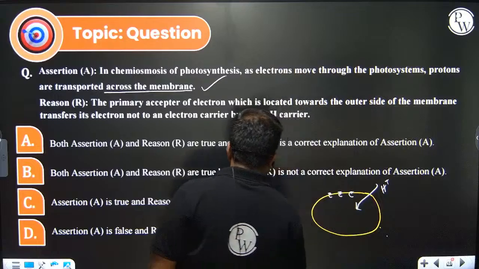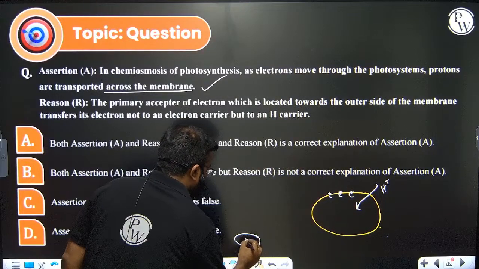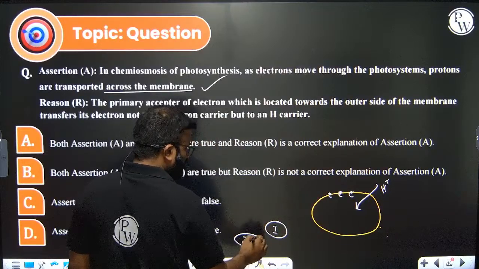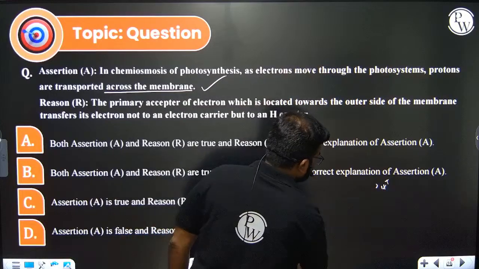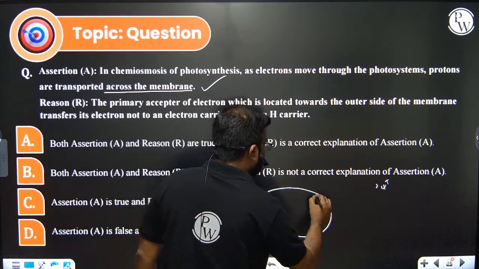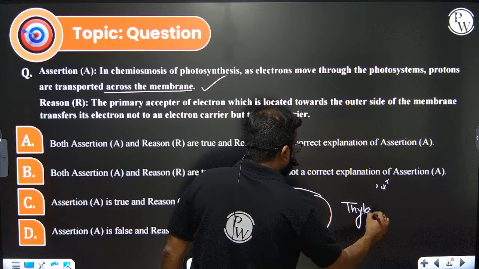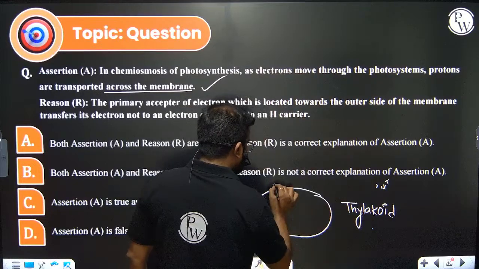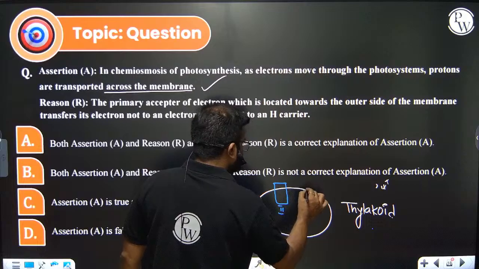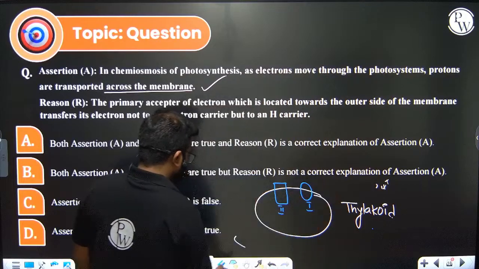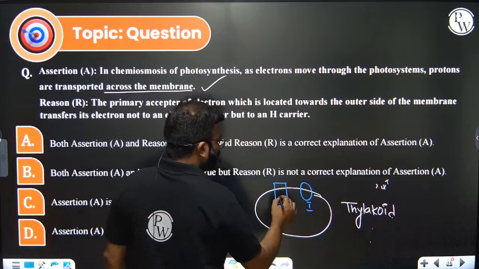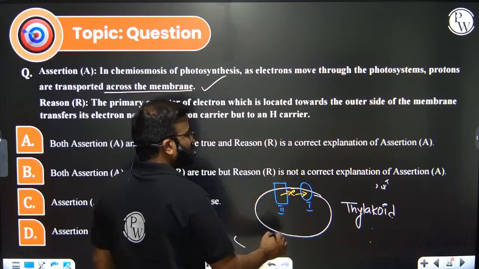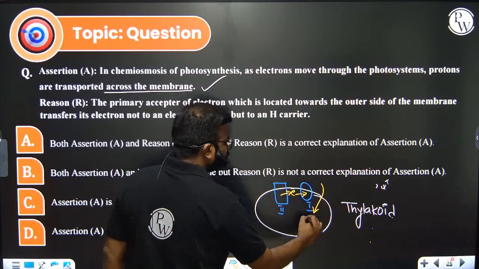I don't know how many of you are able to understand. Imagine this is your thylakoid, this is your photosystem 2, and this is your photosystem 1. While electrons are being shuffled from this to this, protons are pumped across the membrane.